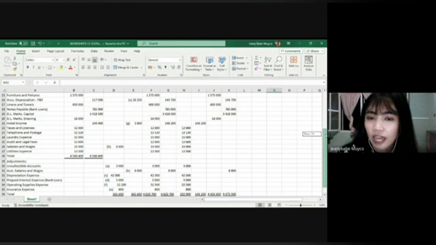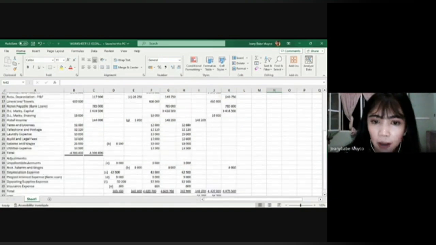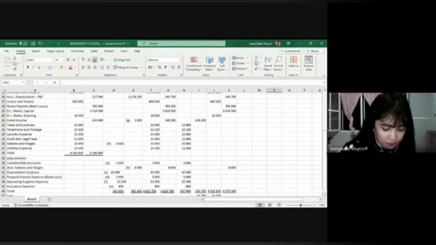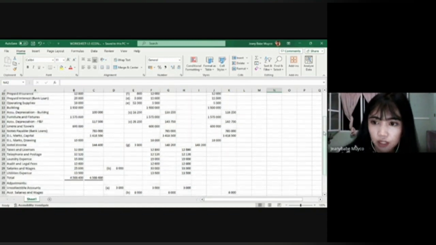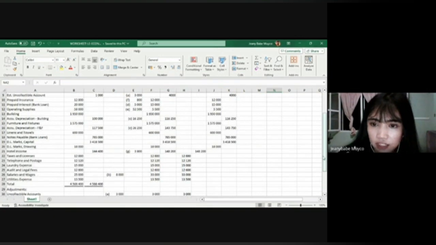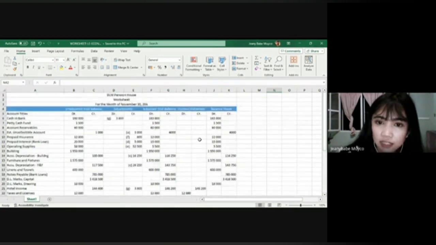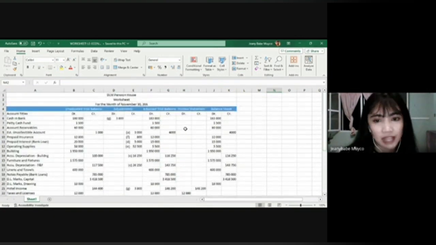So we have to put this amount from the adjusted trial balance to the income statement. Also remember that all expenses are debit. So we have to put those expenses from the adjusted trial balance to the income statement on the debit side as well.